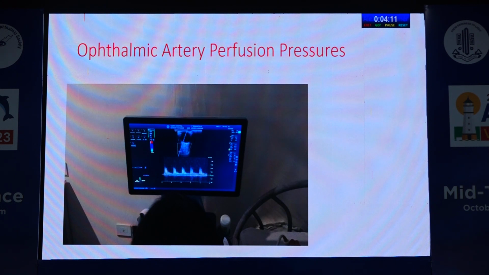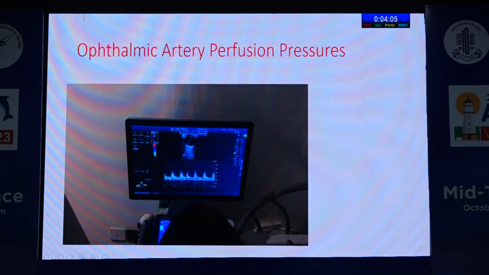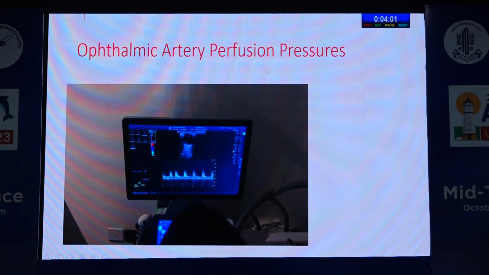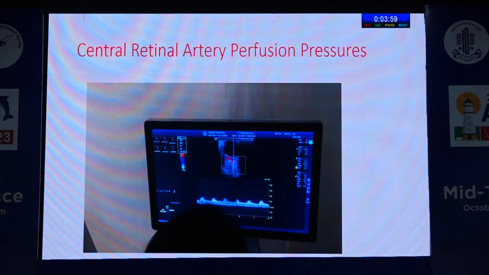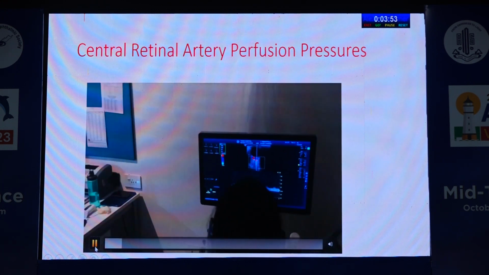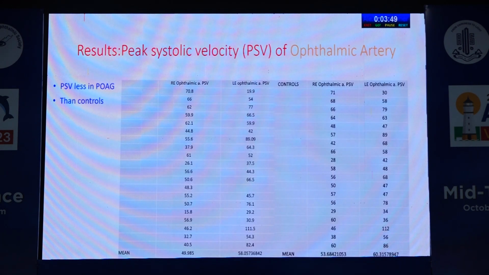This is the study we did, recording the ophthalmic artery perfusion pressures. This is the ophthalmic artery perfusion pressure, and this is the central retinal artery perfusion pressure we recorded.